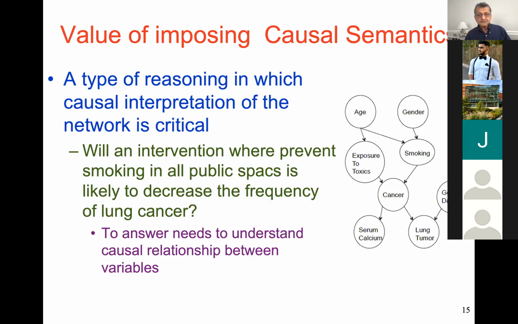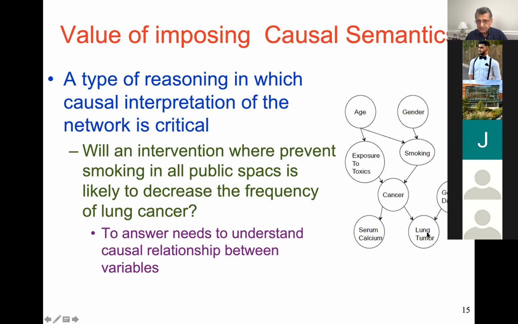Will an intervention that prevents smoking in all public spaces likely decrease the frequency of lung cancer? So if you have a network, look at this one here. This is a causal Bayesian network. Age influences exposure to toxics and smoking. Gender influences smoking, and exposure to toxics and smoking influences getting cancer. And getting cancer influences the test called serum calcium.